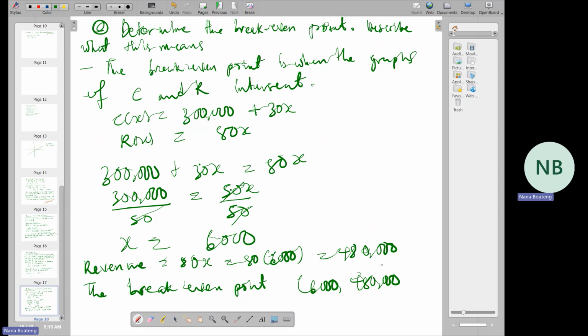This is the point where the company will break even. That means their cost will equal their revenue, and they can achieve this by selling 6,000 pairs of shoes.